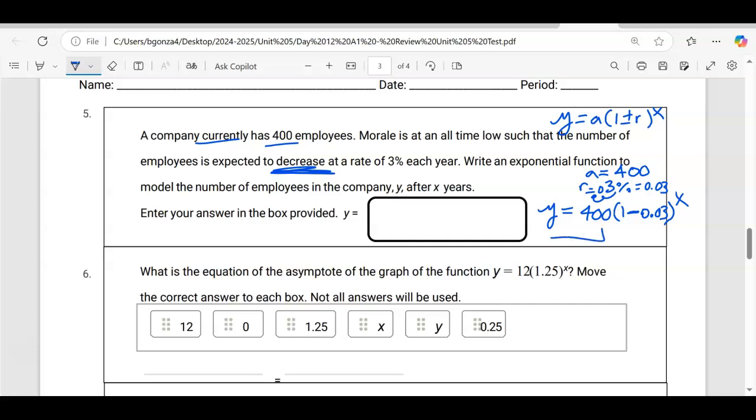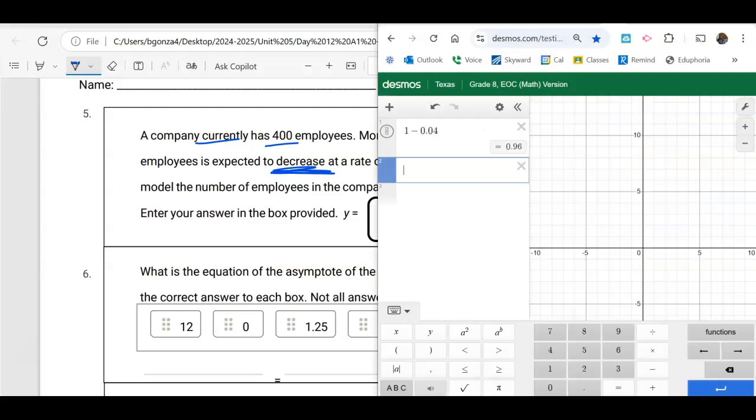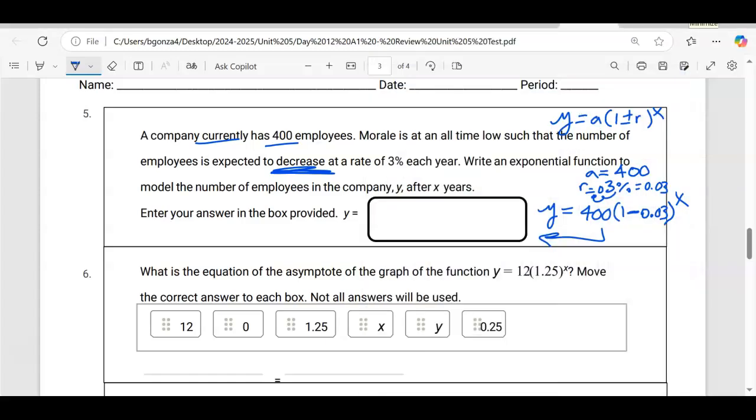Now, I want to write my answer in here. Just remember, 1 minus 0.03 is not ideal. What is 1 minus 0.03? 0.97. So it's going to be 400 times 0.97 to the power of x.